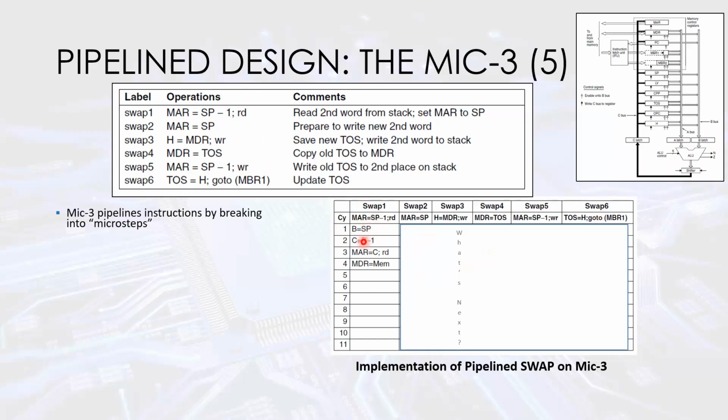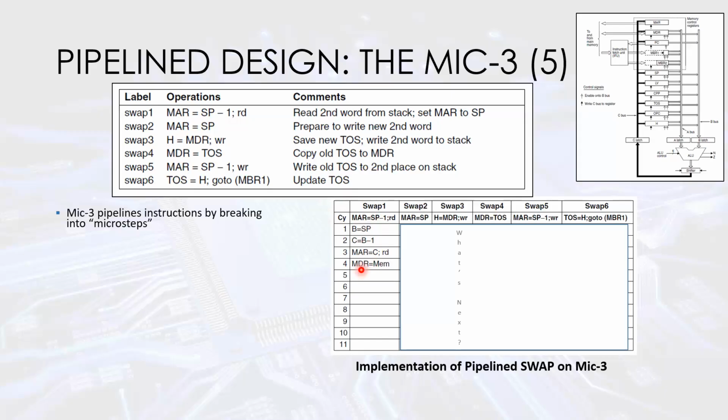The ultimate goal is to get that result into the MAR, so I say MAR equals C. If you replace these, MAR equals C, C equals B minus 1, and B equals SP, you get MAR equals SP minus 1, which is exactly what we started off with. It's just we did it in 3 steps. Once we have that value in the MAR, we can issue that read command.